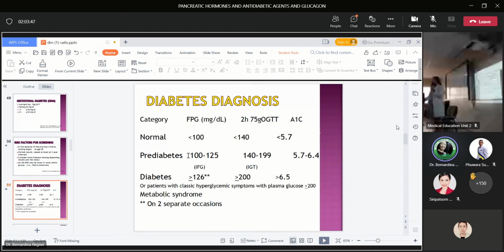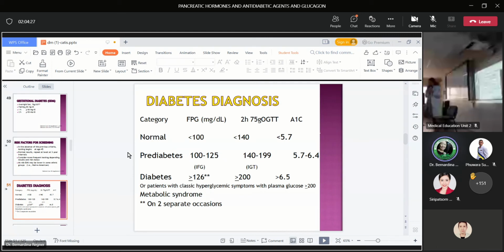That is pre-diabetes. Now, you will say that the patient is diabetic if the fasting blood glucose is equal or more than 126 milligrams percent, your 2 hours, 75 grams oral glucose tolerance test is equal or more than 200 milligrams, and your glycosylated hemoglobin is equal or more than 6.5. Okay, so please memorize that. Please be aware of that because you will really appreciate it when you go into your practice.